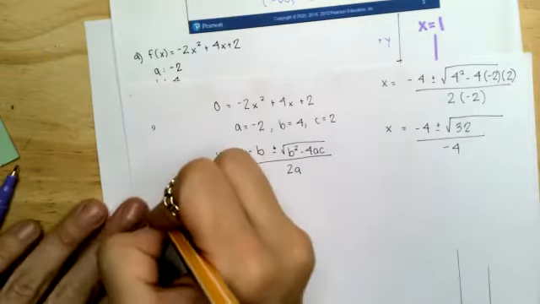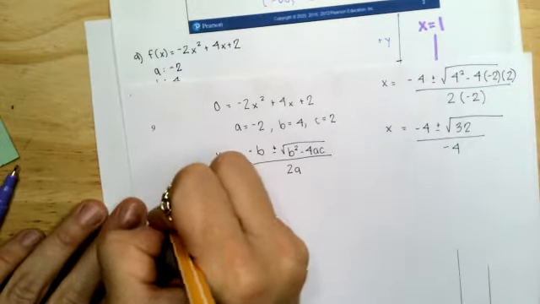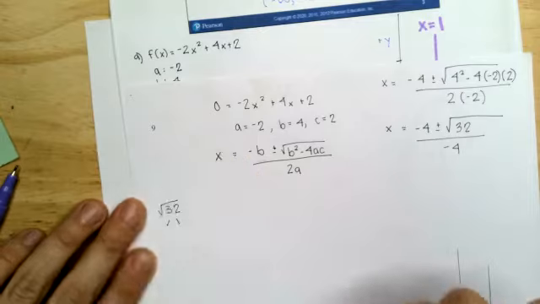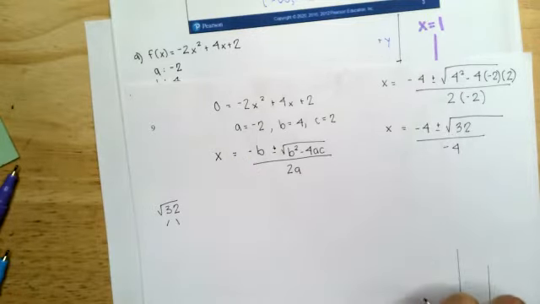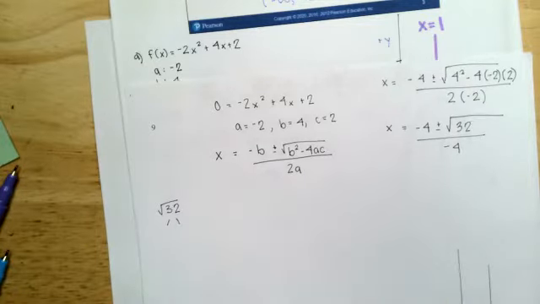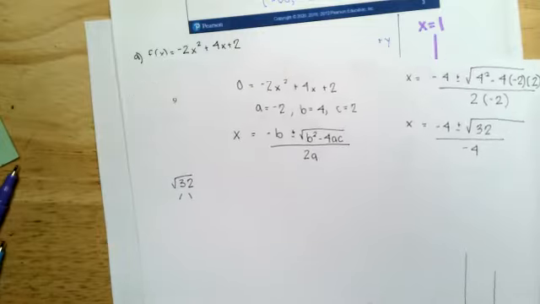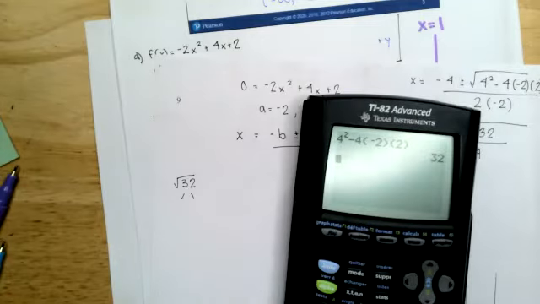If we think about the square root of 32, let's factor it. We want to put this in its simplest form, which is not actually the square root of 32. You want to factor out any perfect squares from 32. What's 3 squared? 3 squared is 9.